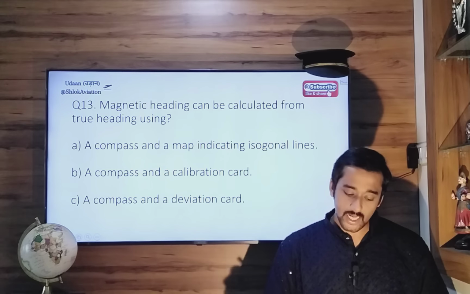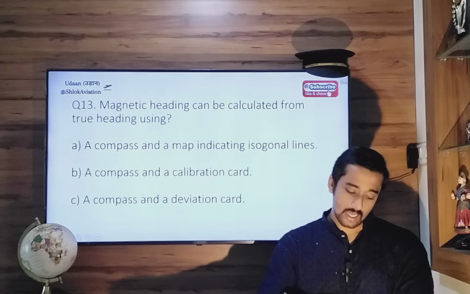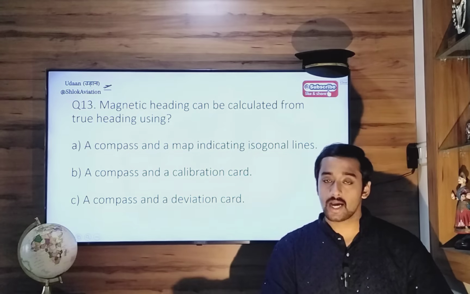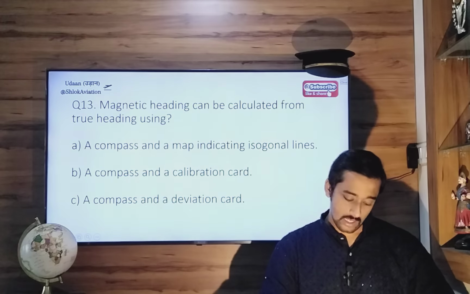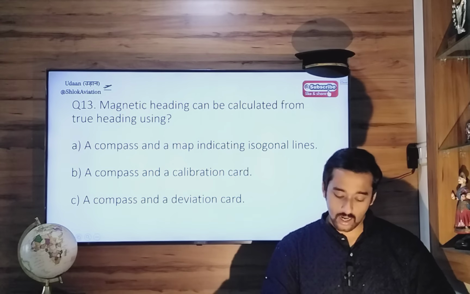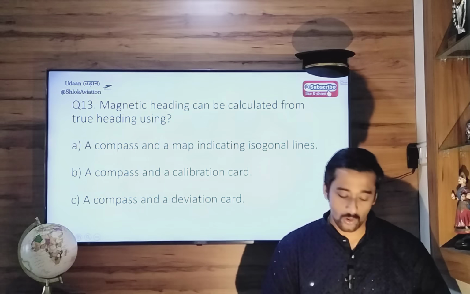Question 13. Magnetic heading can be calculated from the true heading using what? A compass and a map indicating isogonal lines, a compass and a calibration card, a compass and a deviation card. Okay, so you want to obtain magnetic heading from true heading.